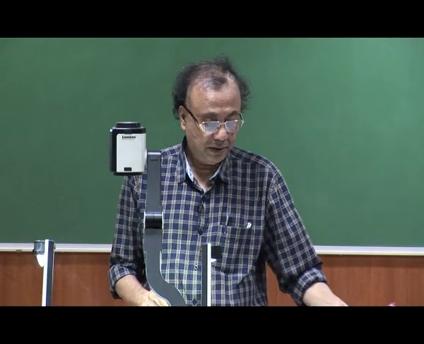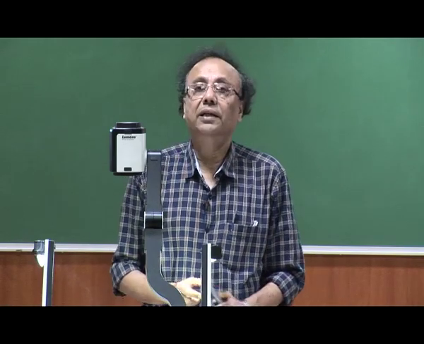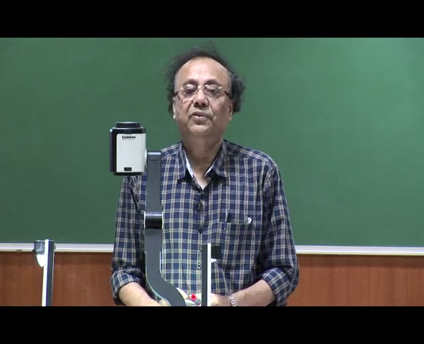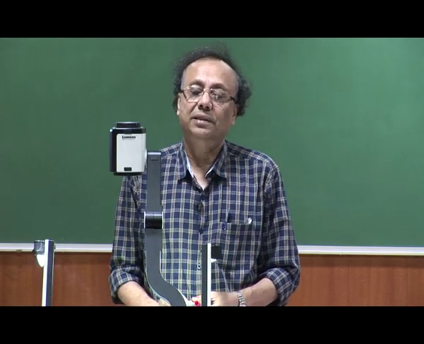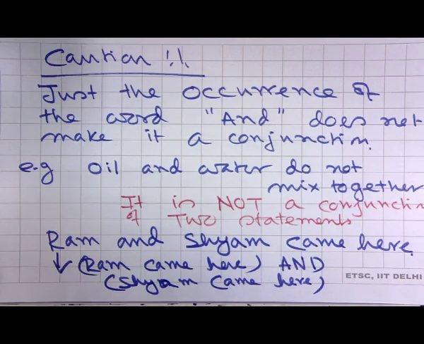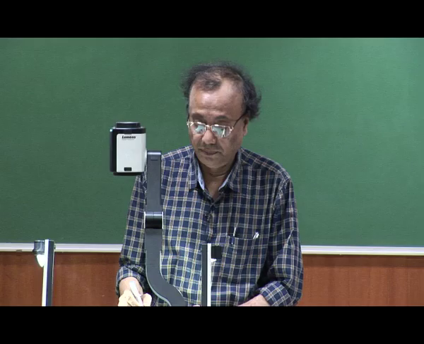In other words, what I wanted to say is that just because you see an and in a statement, it does not mean that it is going to be a conjunction of two different statements.